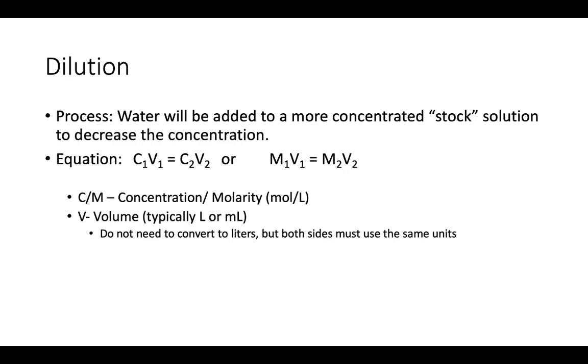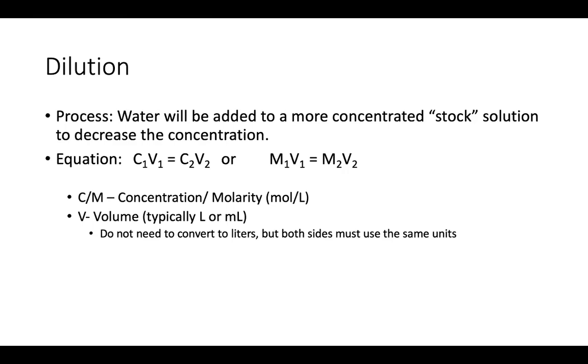So if you're adding water, that means you're really increasing the volume of that solution, right? You're increasing the denominator of this molarity equation. But if you're adding water, you're not increasing the moles of solute. And so that explains why, if you're increasing the volume but keeping the moles of solute the same, your concentration is going to decrease.